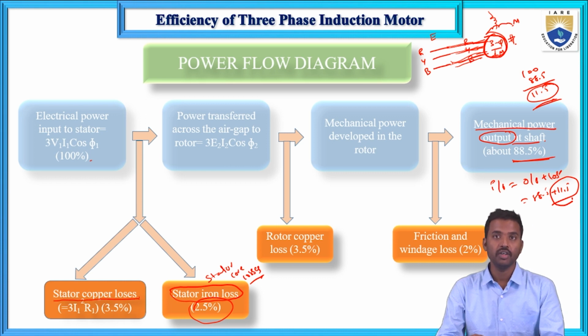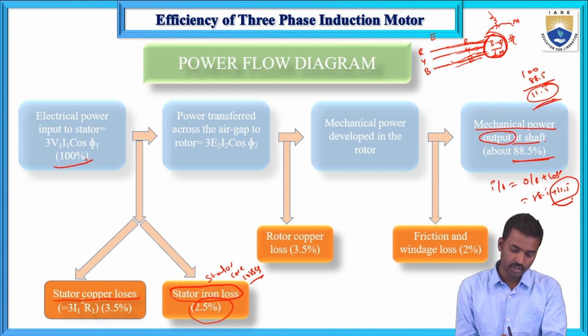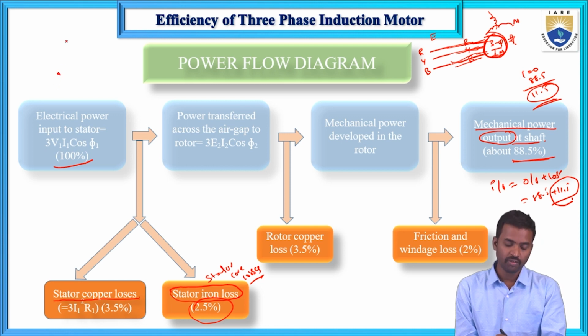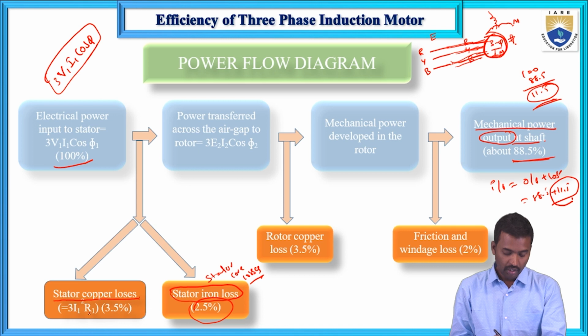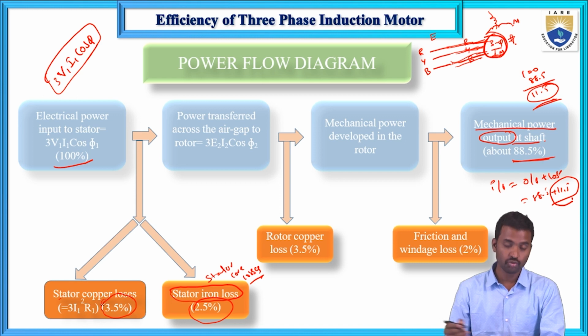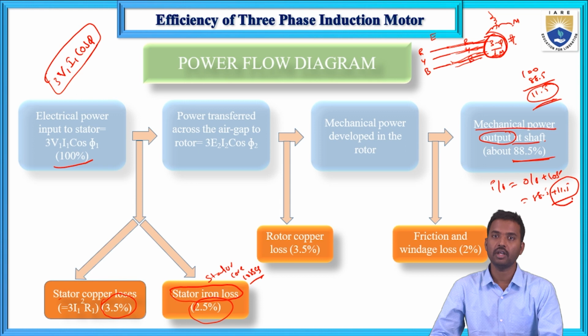Here the given supply is the three-phase supply, 100%, and the power formula is 3 V1 I1 cos phi, where cos phi is the power factor. Now the stator copper losses formula is 3 I1 square R1. The stator copper losses percentage is 3.5% and the stator core losses percentage is 2.5%.